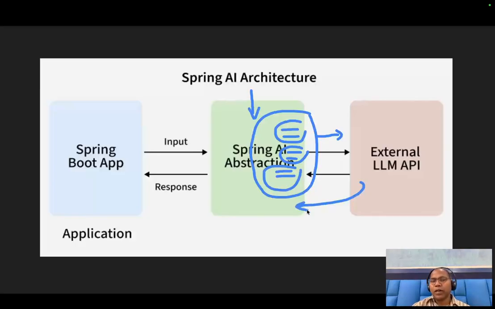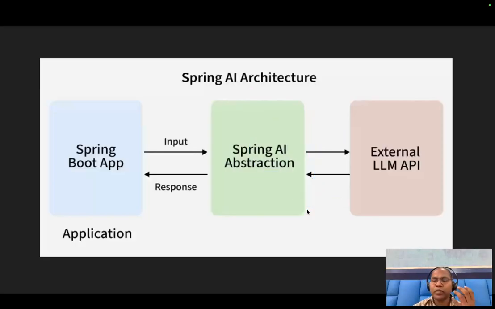So this is the main benefit, or you can say the one abstraction layer that Spring AI provides. Whatever features we are going to learn about Spring AI, everything is implemented as one abstraction layer for you.